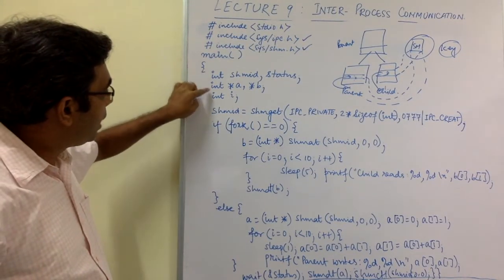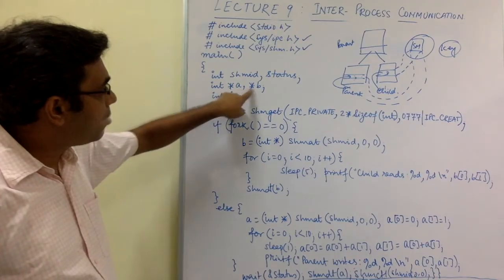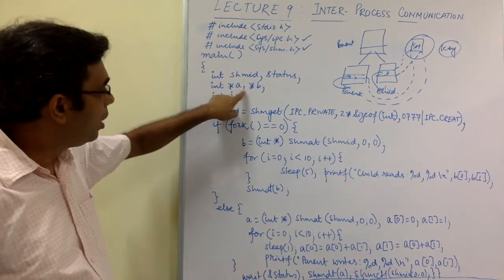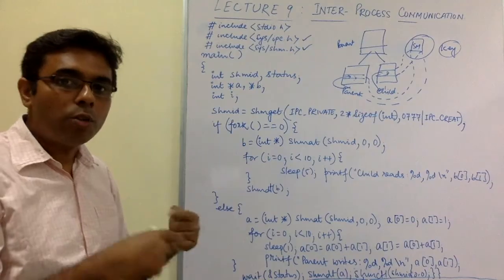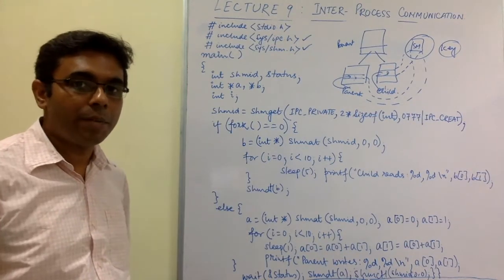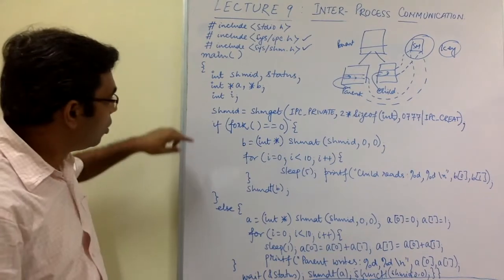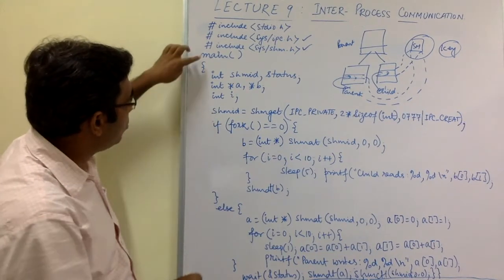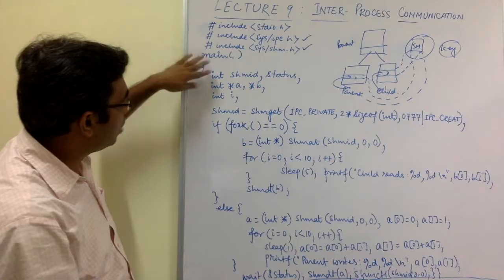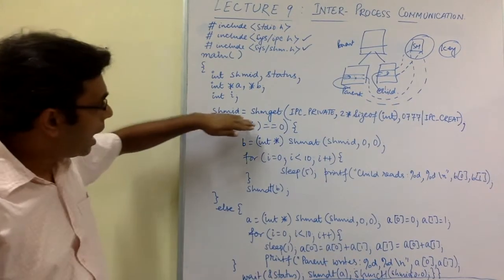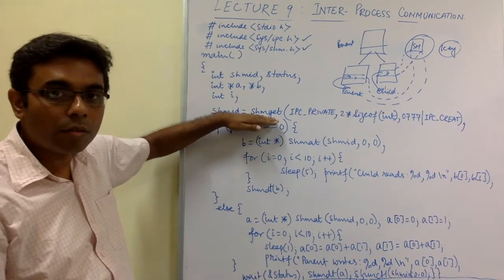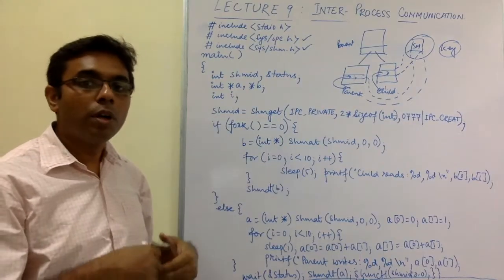So we declare two pointers, A and B. We'll make use of that in order to trace the shared memory segment in the child process or in the parent process.